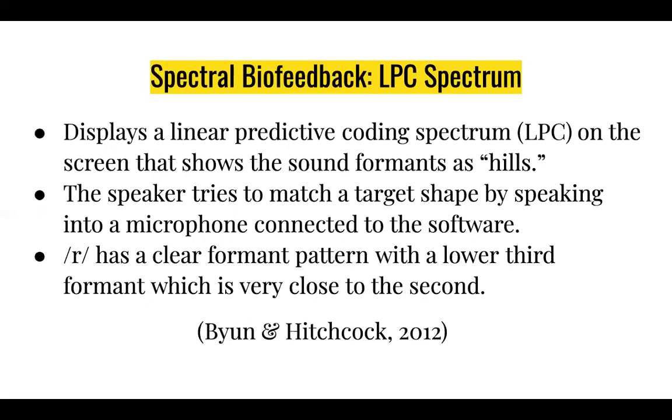And the speaker tries to match the target shape by speaking into a microphone connected to the software. The R sound has a clear formant pattern with a lower third formant, which is very close to the second. So when that sound is produced correctly, the LPC spectrum should look like a tall hill on the left, followed by two shorter hills that are very similar in height and close together.